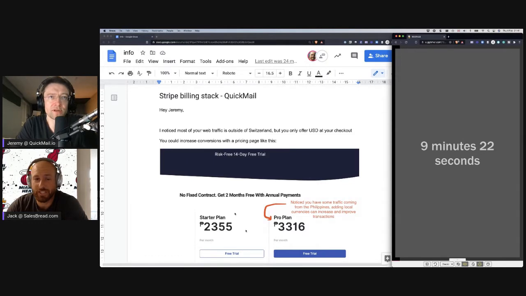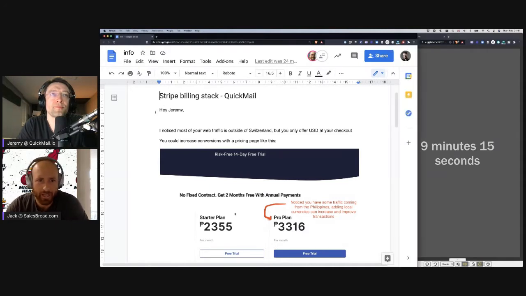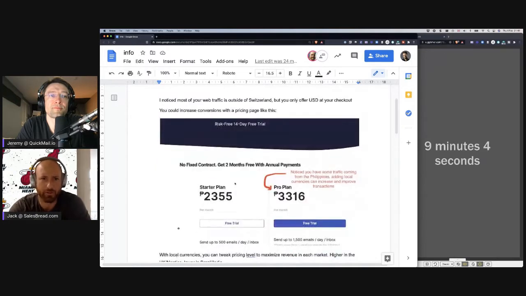Let's read this one right here. Subject line is Stripe billing stack dash QuickMail. Hey, Jeremy, I noticed most of your web traffic is outside of Switzerland, but you only offer USD at your checkout. You could increase conversions with a price page like this, screenshot of price page with Filipino currency.